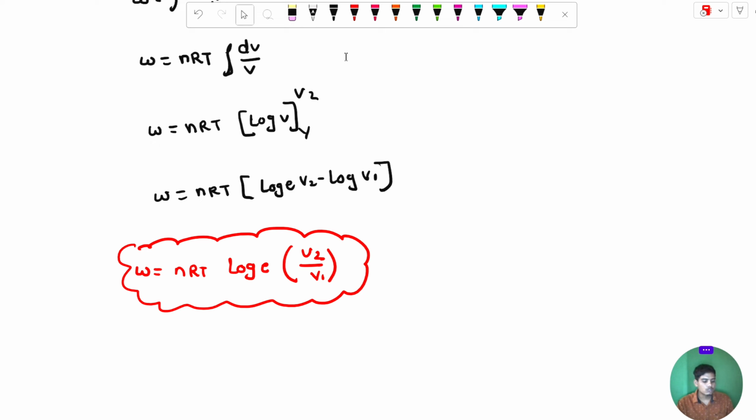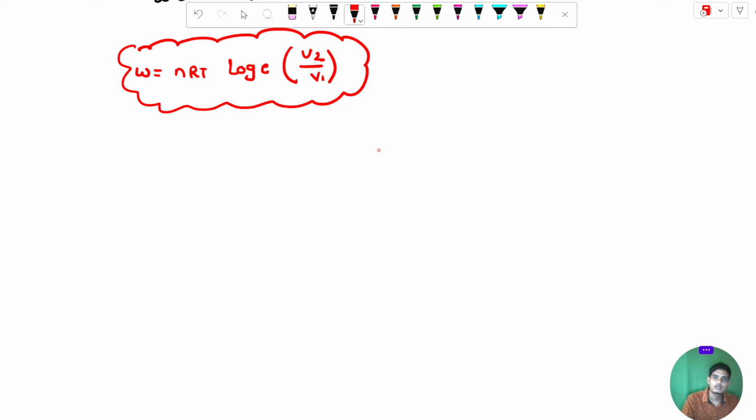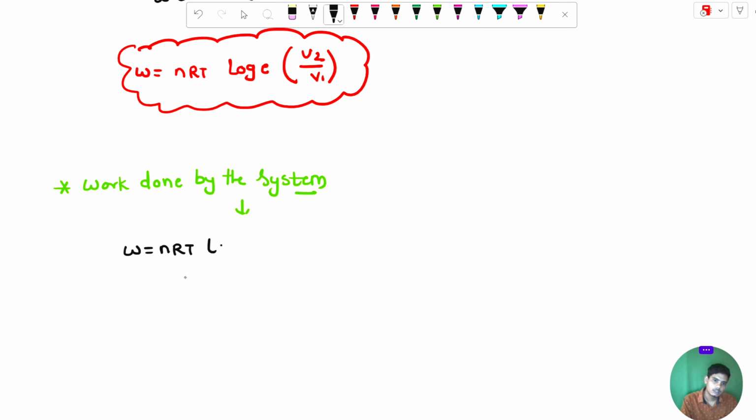Now we can also write down the value of work done by the system. We already know the work done is W is equal to nRT log e V2 divided by V1 for the volume term.